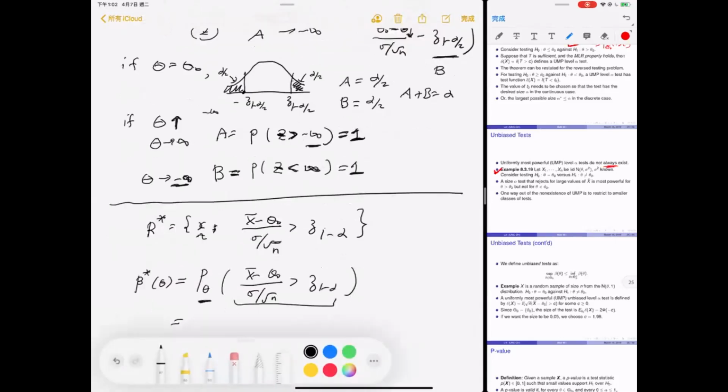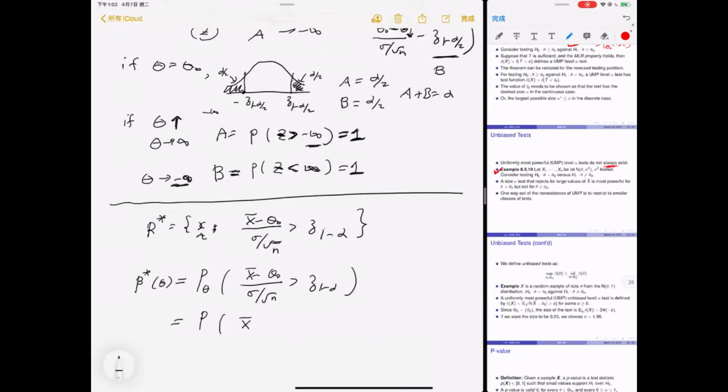You're actually doing the same thing as we did previously, right? You move x bar bigger than theta 0 plus z 1 minus alpha, then sigma divided by root n.